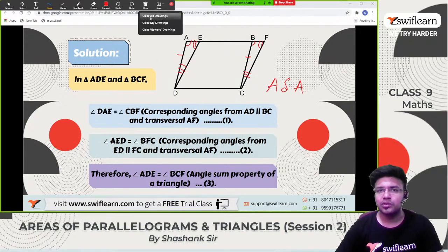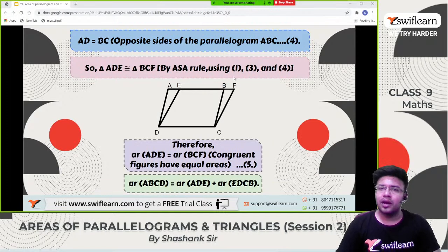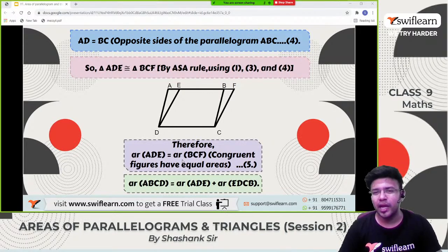Since these two triangles are congruent using the ASA rule, the area of triangle ADE will be equal to the area of triangle BCF.